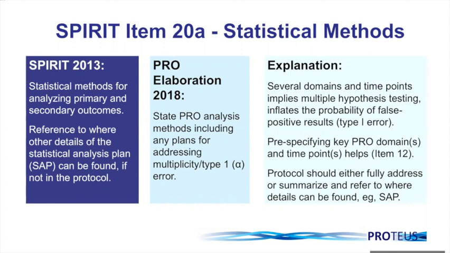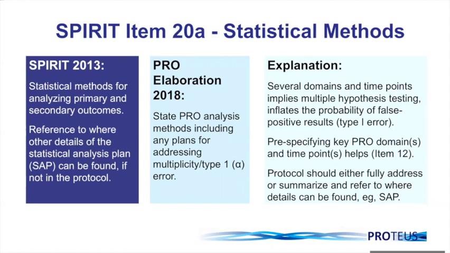In fact, determining the full statistical methods is quite a lengthy process, and often protocol developers are keen to get ethics approval and get the trial moving without waiting for the statistician to develop the full statistical analysis plan. But that's fine, you just need to at least give some sort of summary in the protocol and refer to where other details can be found. Typically, this will be in the statistical analysis plan.